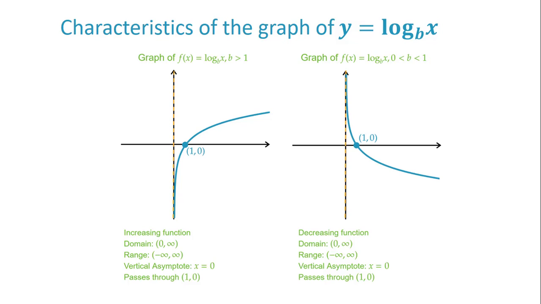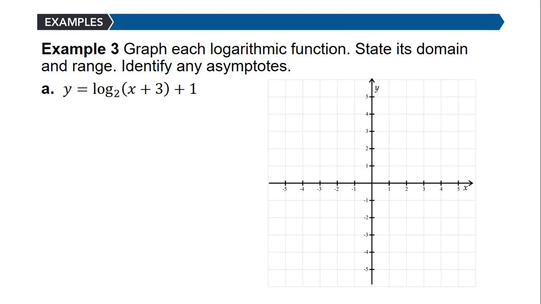Based on the base, either being greater than 1 or less than 1, it's either increasing or decreasing, but all of those other components stay the same. The domain of log base b of x, regardless of what the base is, is 0 to infinity. The range is all real numbers. The vertical asymptote is at x equals 0, and it passes through (1, 0).